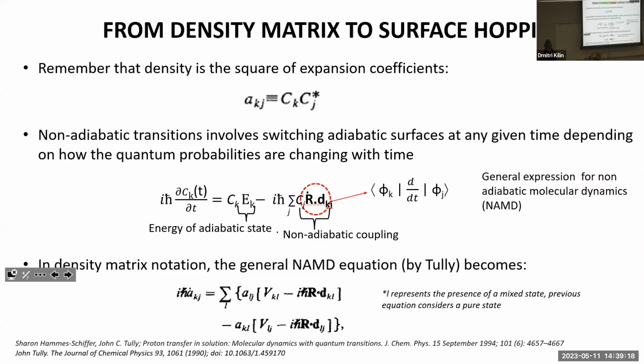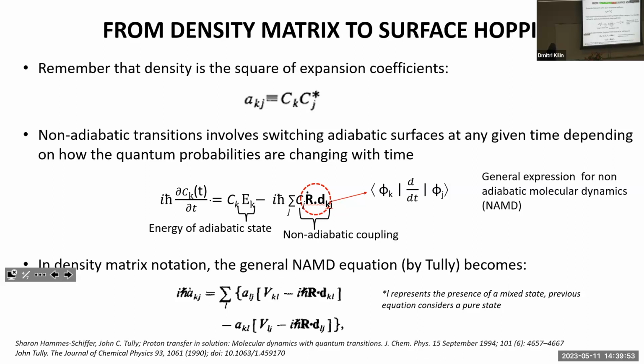So how exactly do we go from this density matrix to surface hopping? We know that the density matrix can be defined as the square of the expansion amplitudes, say going from state K to J. But since non-adiabatic transitions involve switching between two adiabatic surfaces, bringing back this expression here, it can be rewritten in density matrix formulation, which was done by Tully.